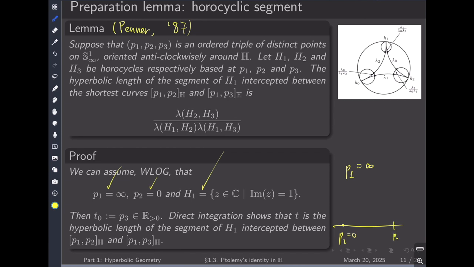So P3 is somewhere here. And then the configuration is that here is H1.